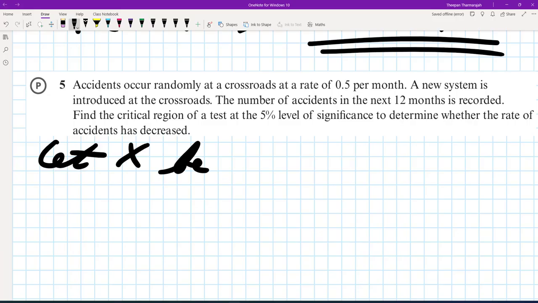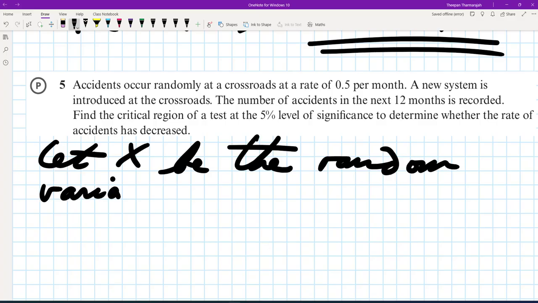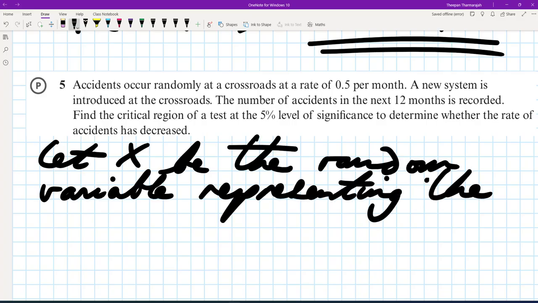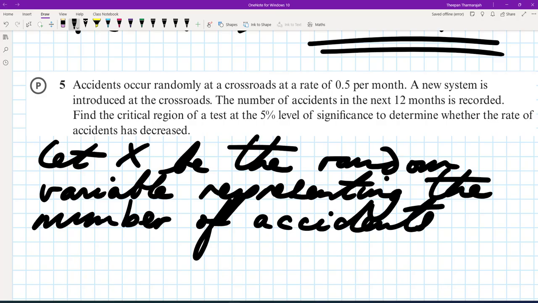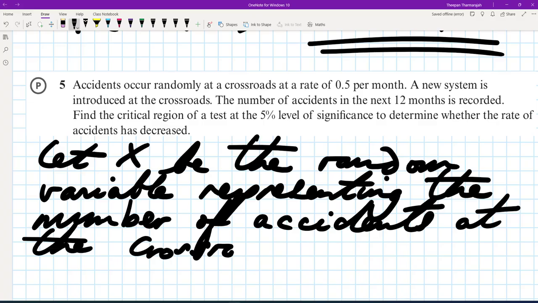So let x be the random variable representing the number of accidents at the crossroads in a 12-month period.